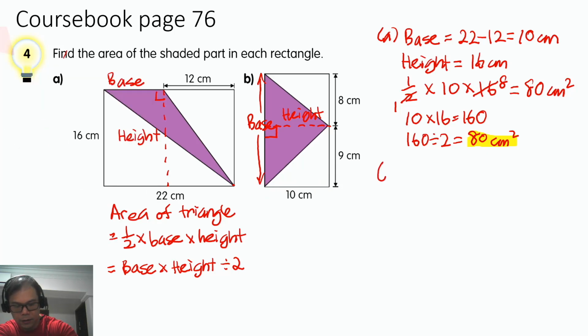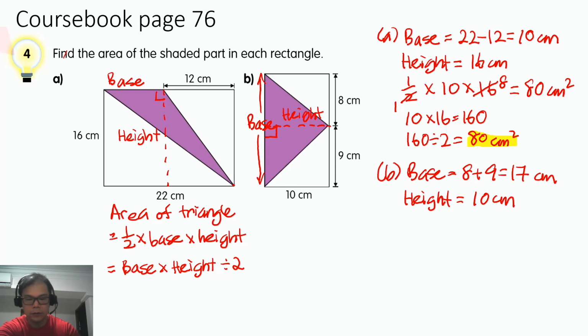For part B, the base of the triangle is 8 plus 9 cm, so that's 17. The height will be the width of the rectangle, which is 10 cm. So the area of the triangle is just half times base times height.